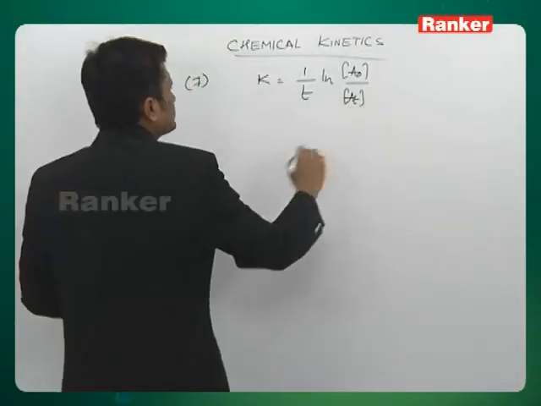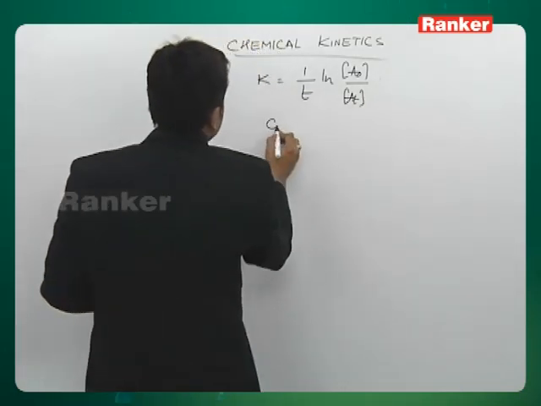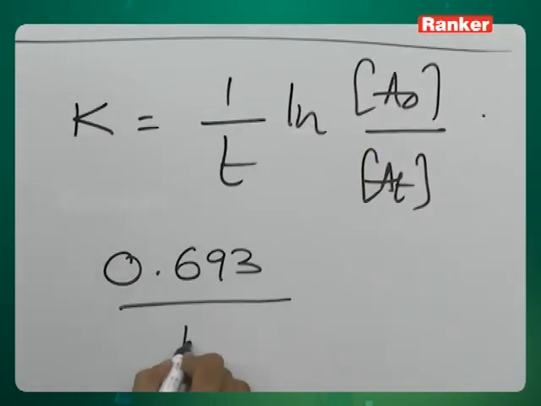Since the percentages are asked, we can rewrite this equation as K equals 0.693 by T half.